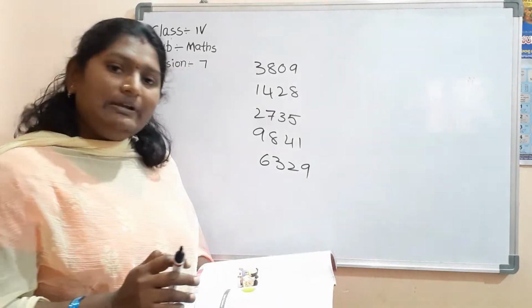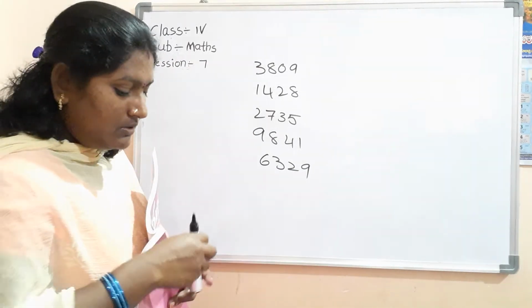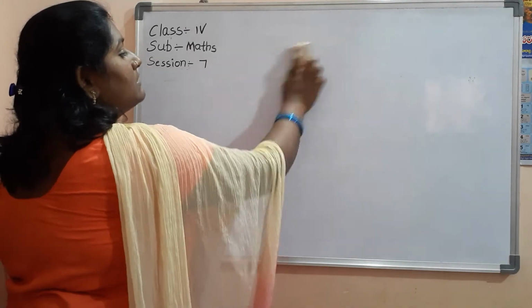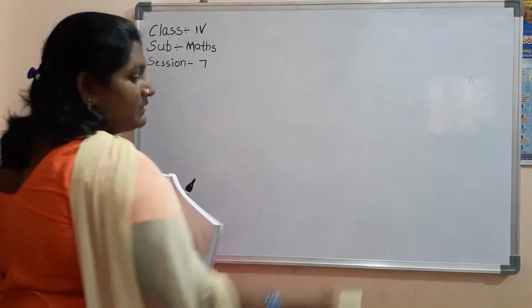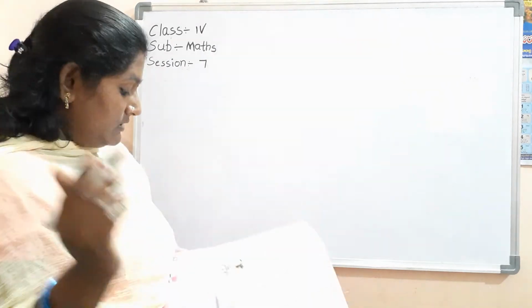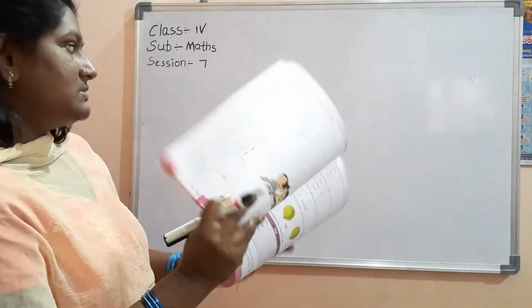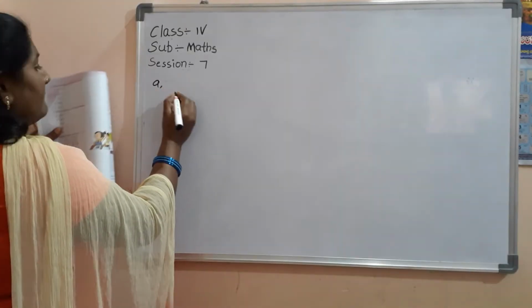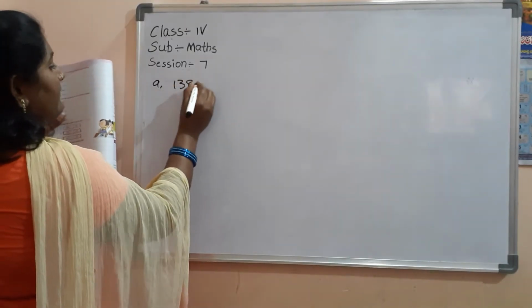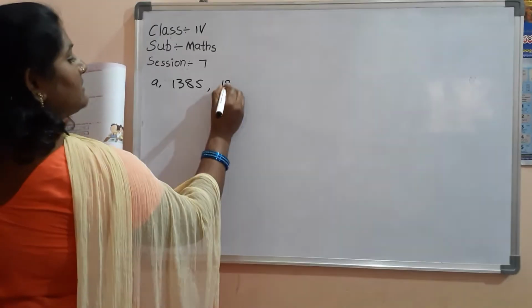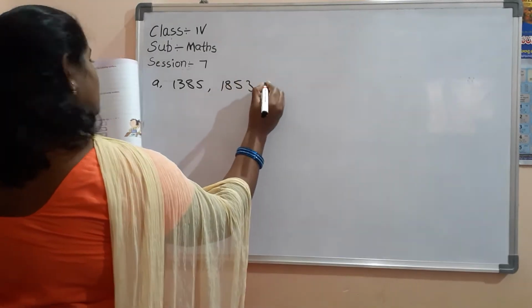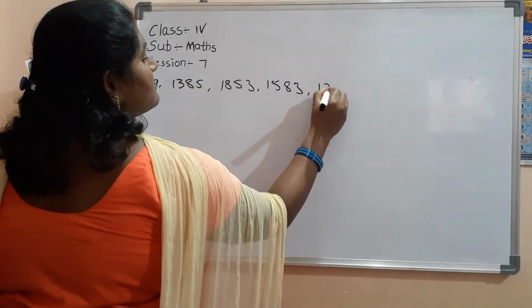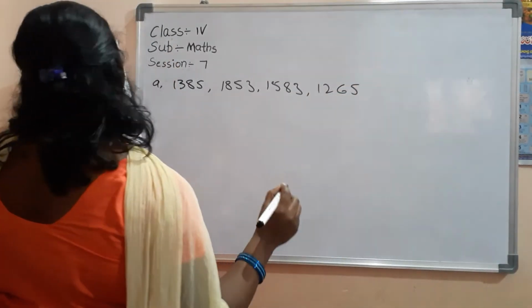We will write in the classwork now. So in the 7th bit, that is ascending order. See here. A1: 1385, 1853, 1583, 1265.